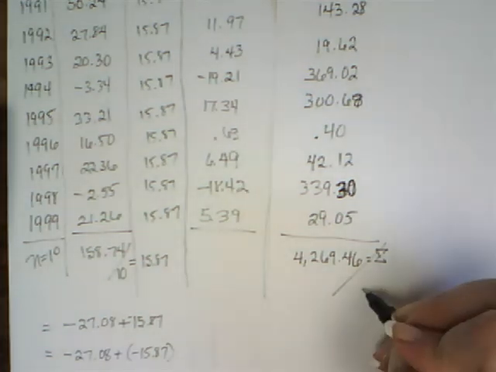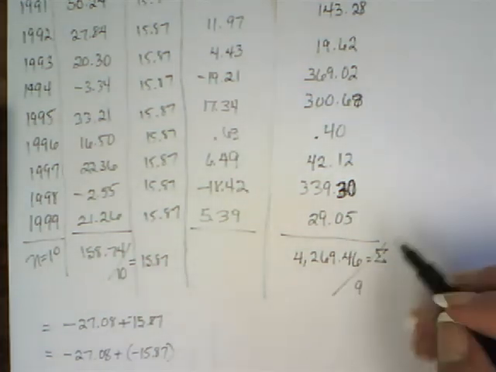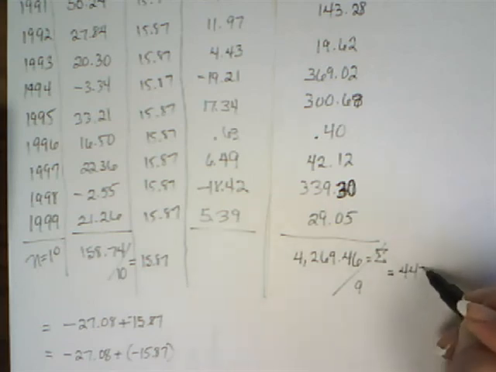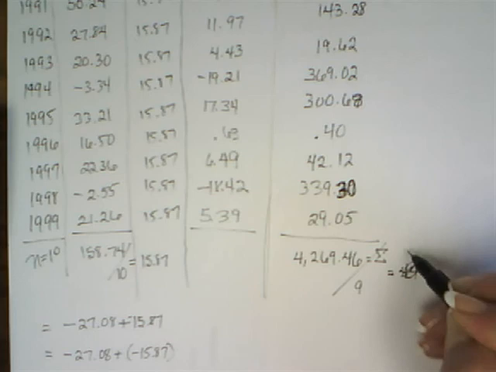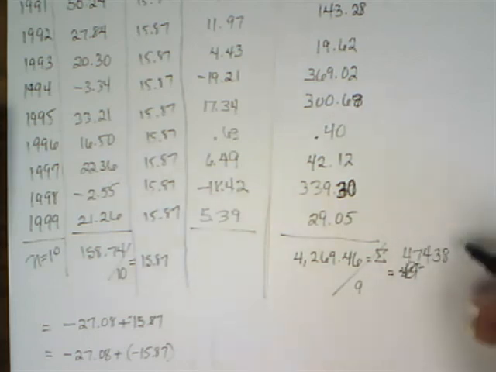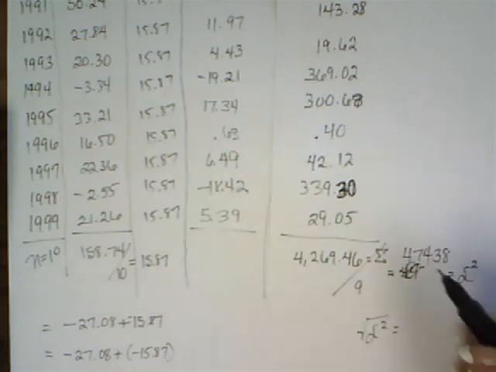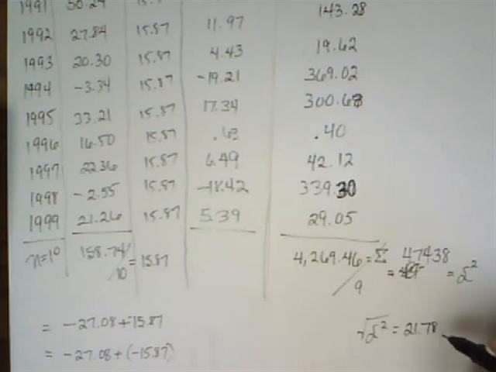So that'll be 9. That gives you the variance of 474.38, and as we discussed in the last video, the symbol for that is sigma squared. When you take the square root of that, you get the standard deviation, which is 21.78.